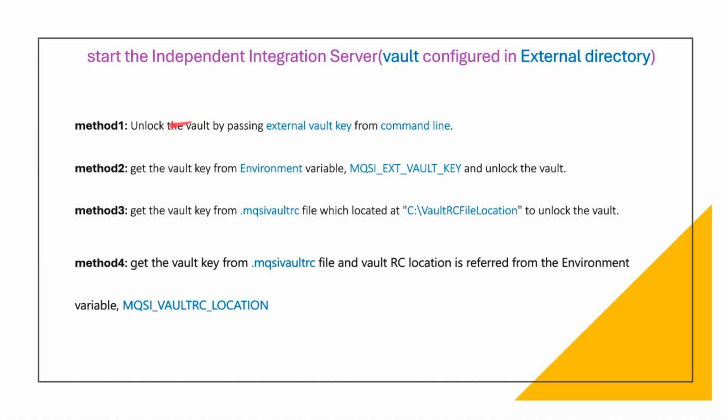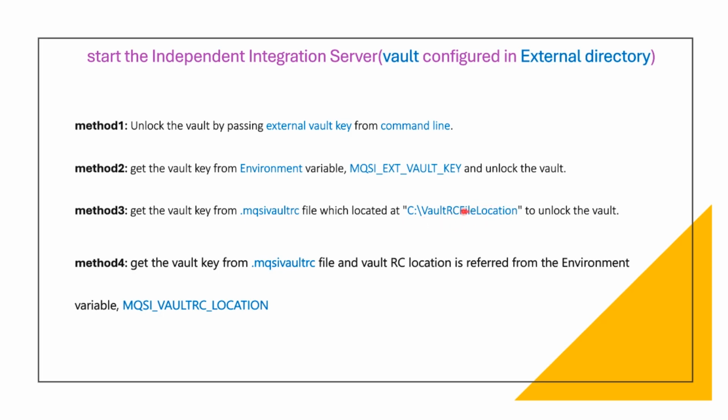Let's check the methods. Method 1, unlock the vault by passing external vault key from command line. Method 2, get the vault key from environment variable. Environment variable is mqsi_ext_vault_key. Method 3, get the vault key from .mqsivaultrc file, which is located at this location.